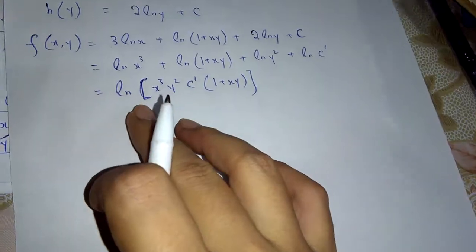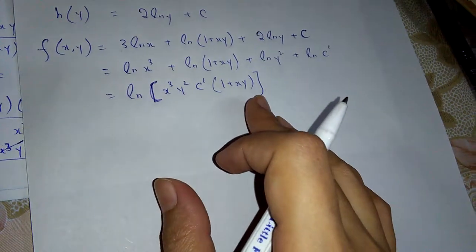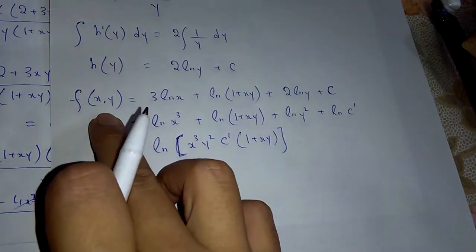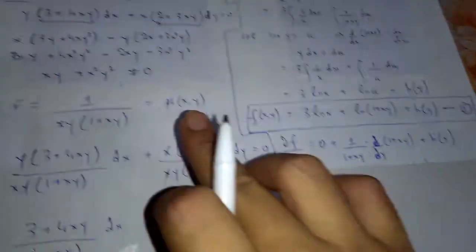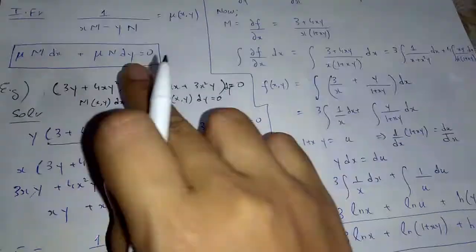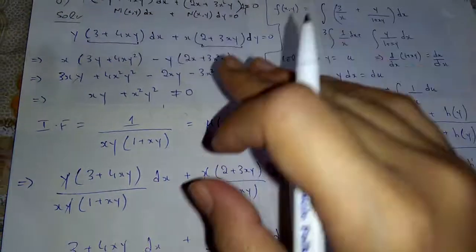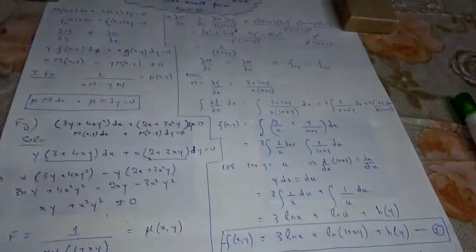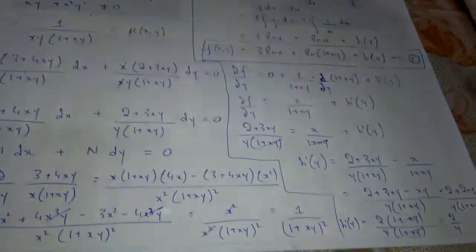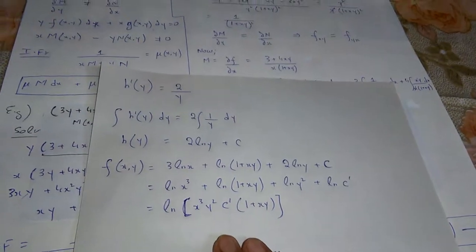So this can behave as our solution f(x,y) for this differential equation, which was basically non-exact. We converted it into exact form by using rule 4, and then we performed this entire beautiful strategy, and finally we got the solution.